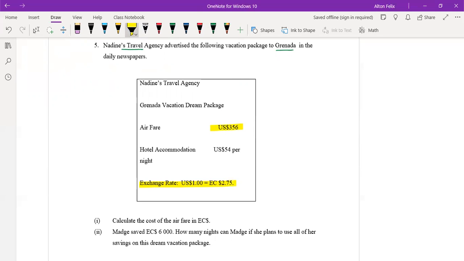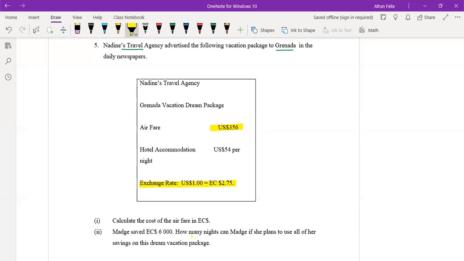So therefore, the cost of the airfare, only the airfare, would be 2.75 multiplied by 356. So let's work out that. 2.75 by 356. Right? Because remember, you have to put out more EC dollars for each US dollar. So you expect your answer to be greater than 356.